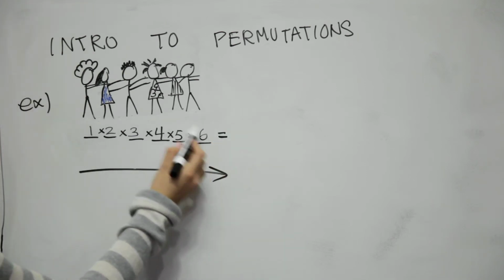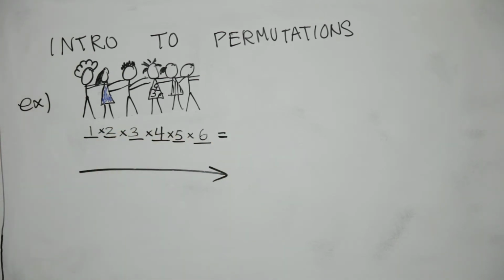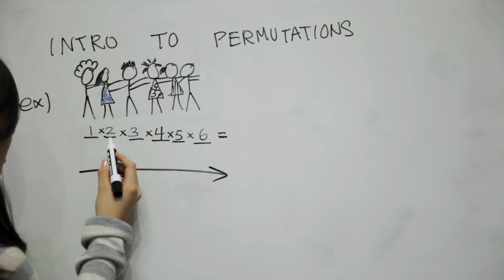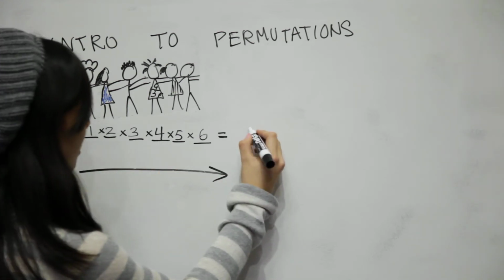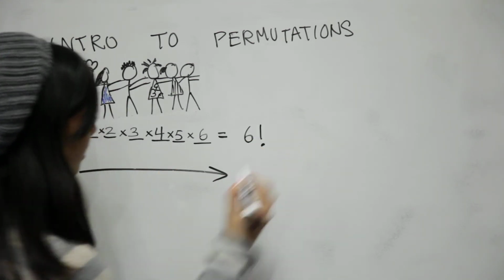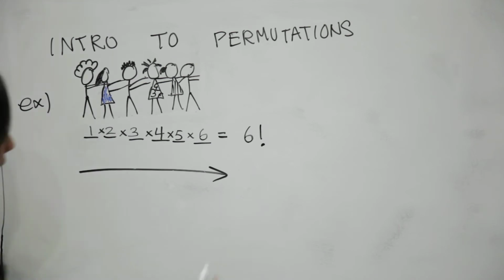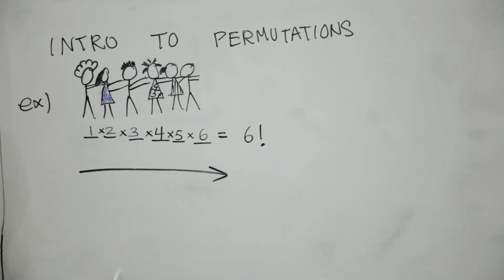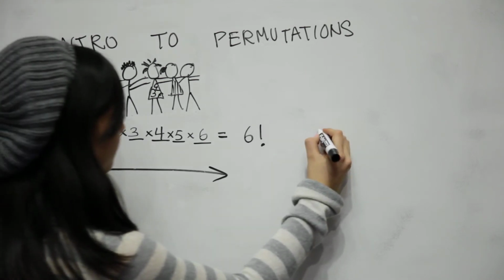Now, we see this coming up a lot in permutations and other things, so mathematicians have given this sort of mathematical expression a special notation, and that is a factorial. So 1 times 2 times 3 times 4 times 5 times 6 is 6 factorial.